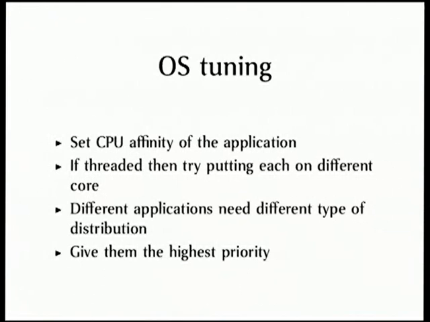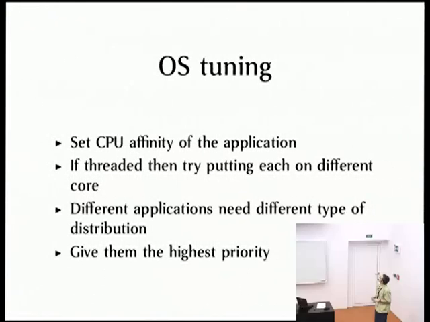I'm getting to another level of optimizations. It's tuning of the operating system, because if you optimize your application, you will find out that your operating system is not your friend all the time.